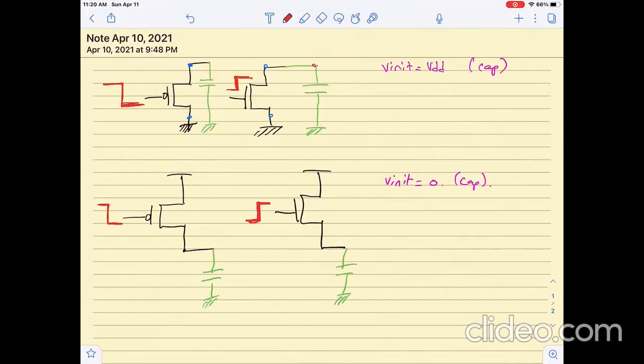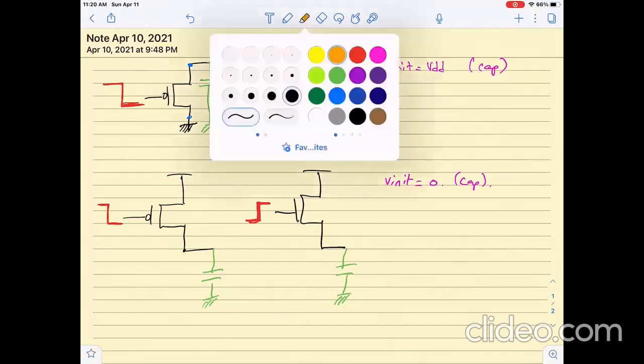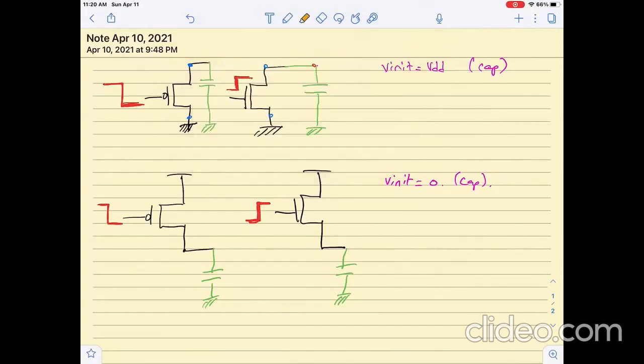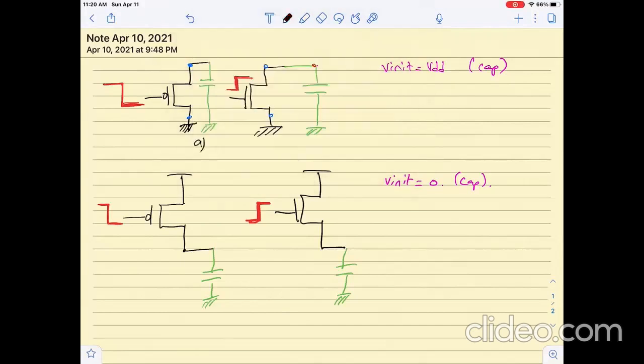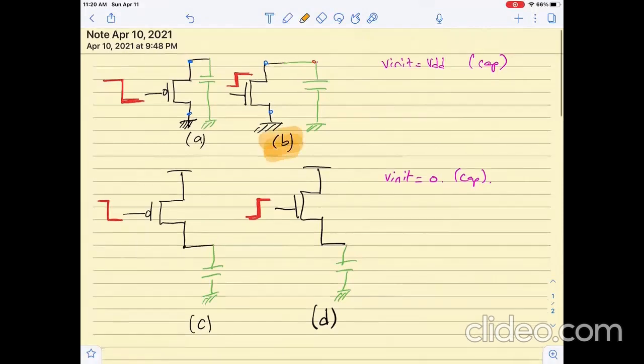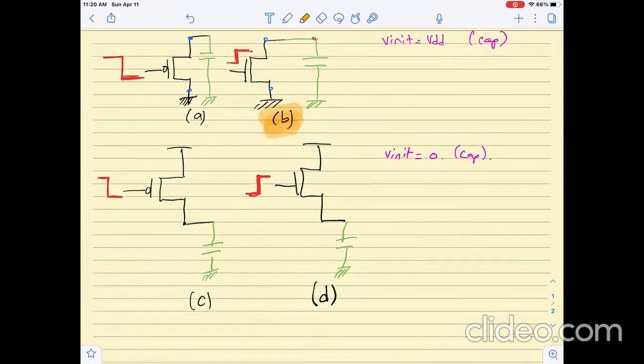Now the typical scenarios that we see, or the ideal scenarios, I will number the cases as case A, B, C, and D. The typical cases are case B, where an NMOS pulls down a node to 0.